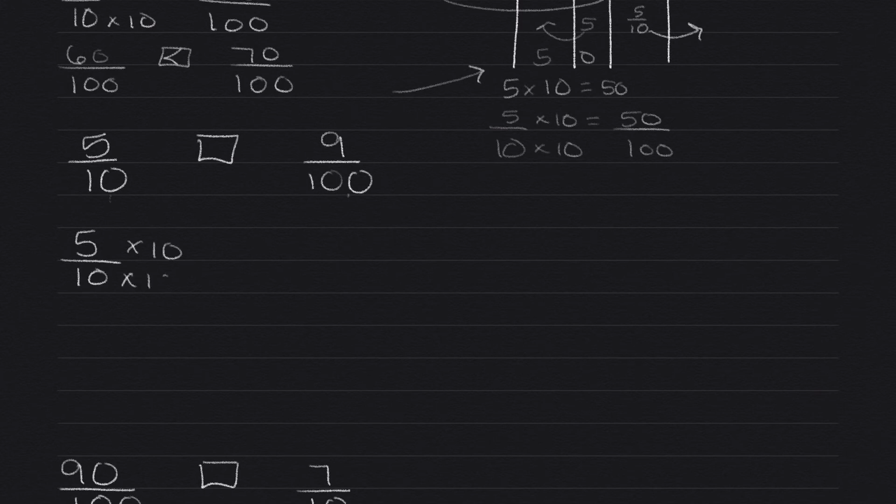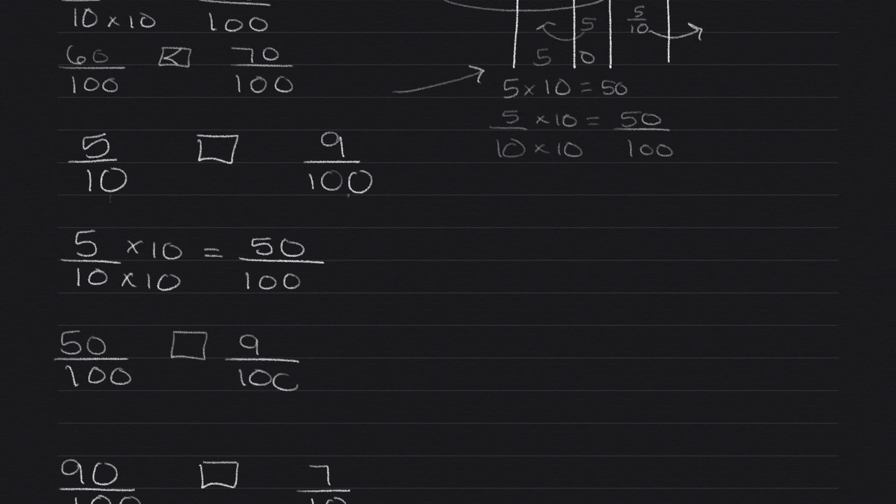Remember, what you do to the bottom, do to the top. 5 times 10 is 50, and 10 times 10 is 100. Now they have the same denominator. My 5 tenths turned into 50 hundredths. I can rewrite to compare 50 hundredths compared with 9 hundredths. What symbol would I use to compare? If you said greater than, you're correct. 50 hundredths is definitely greater than 9 hundredths.